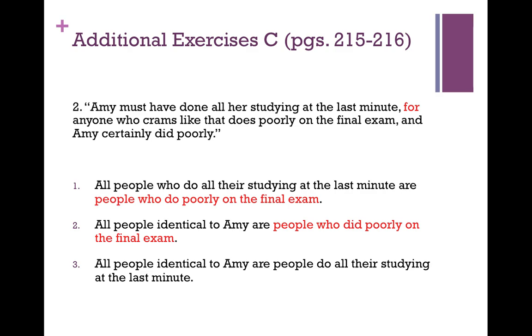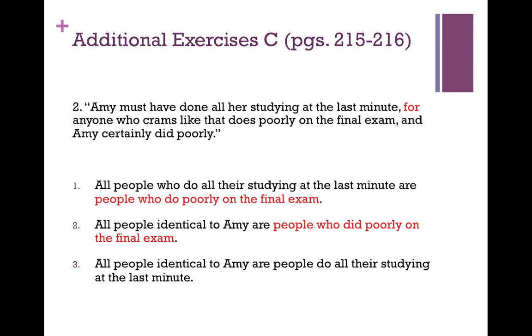So this argument is of the following mood and figure. It is A. You see that? A. That's the mood. And the figure is figure 2. So this is going to be really important. I say it's 2 because remember with figure 1, the middle term is the subject term of the major premise and the middle term is the predicate term of the minor premise.